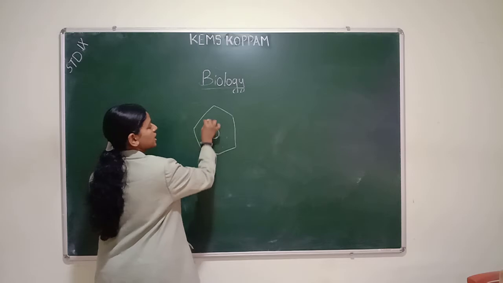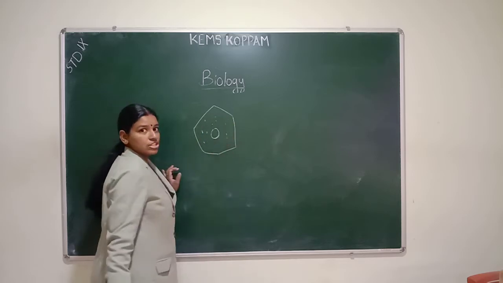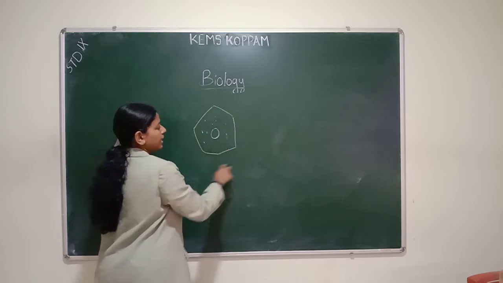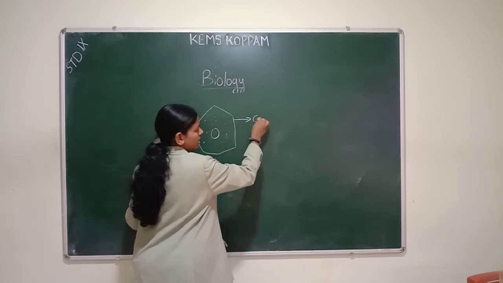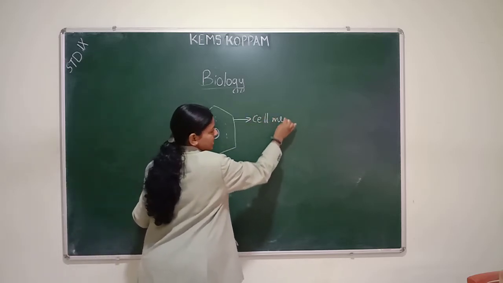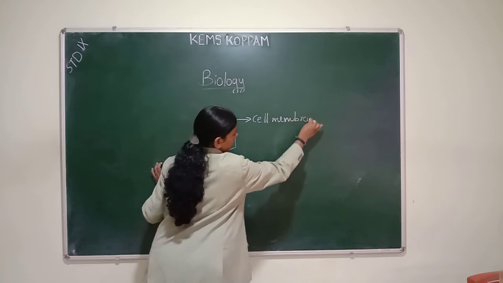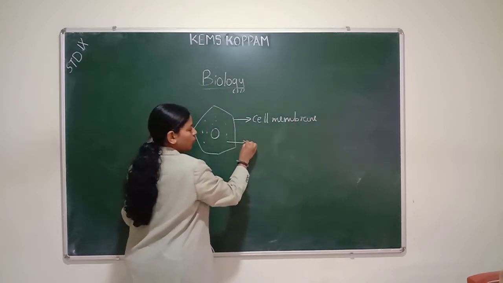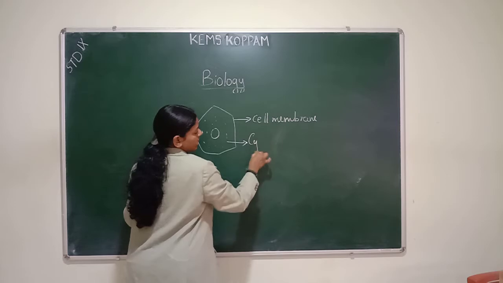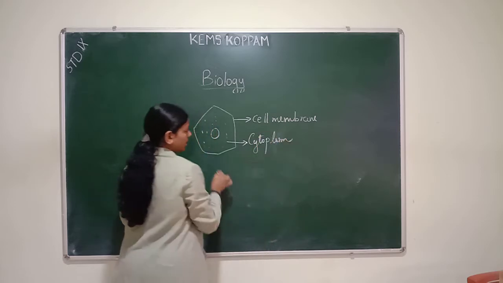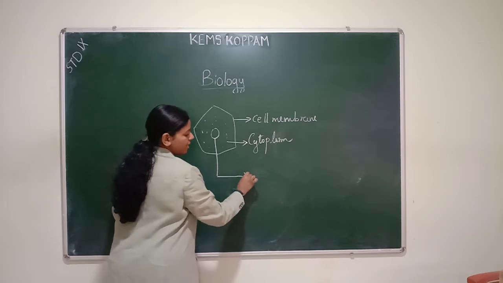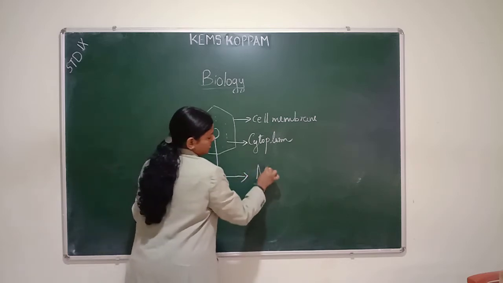A jelly-like part is there, called cytoplasm, and the outermost covering is the cell membrane. Once again, the outermost covering is called the cell membrane. The fluid part is called cytoplasm. Central nucleus.